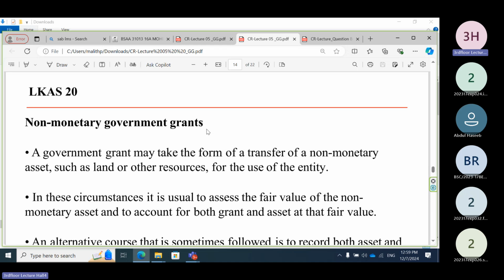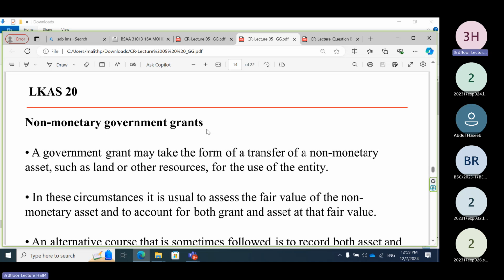So then that value should be accounted: motorbike account debit, maybe 500,000, and then deferred grant account credit 500,000. That is called the grant account.